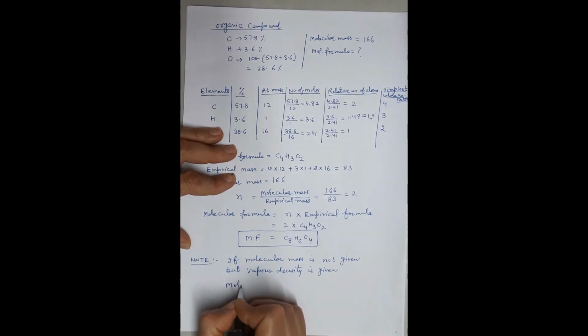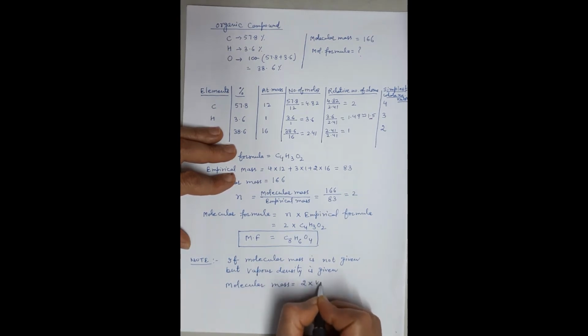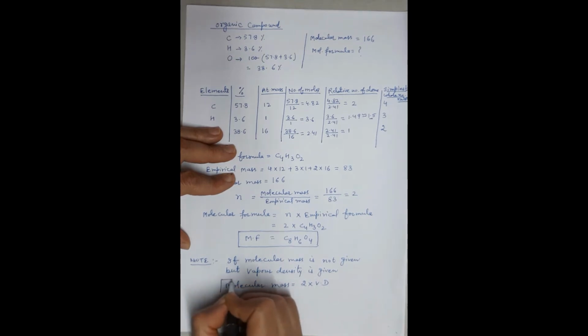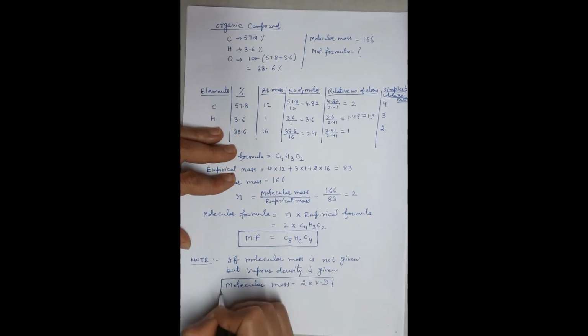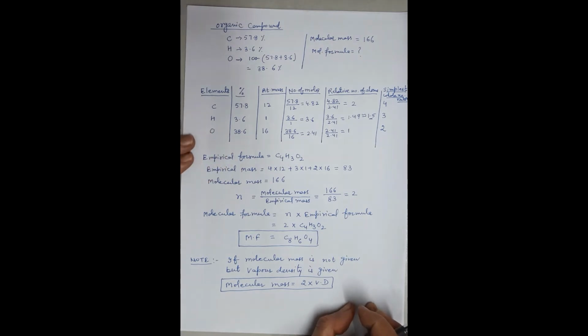Molecular mass is actually equal to 2 into vapor density. This also you need to learn. So in the numericals, generally either vapor density is given or molecular mass is given. With a practice for such type of numericals, you will be able to understand it better.